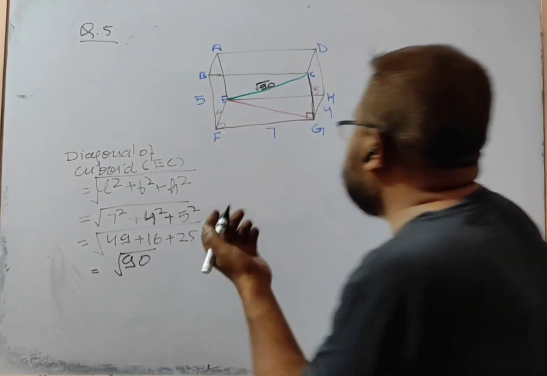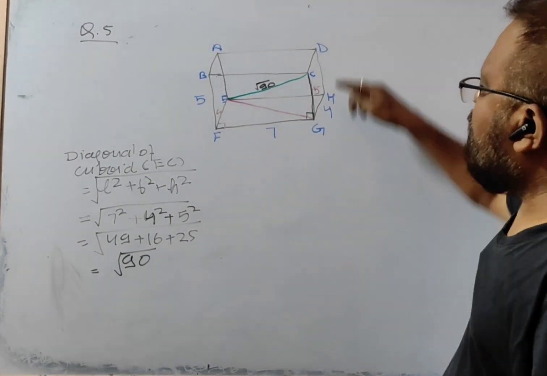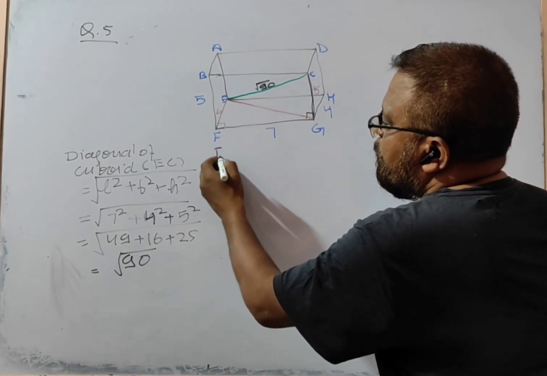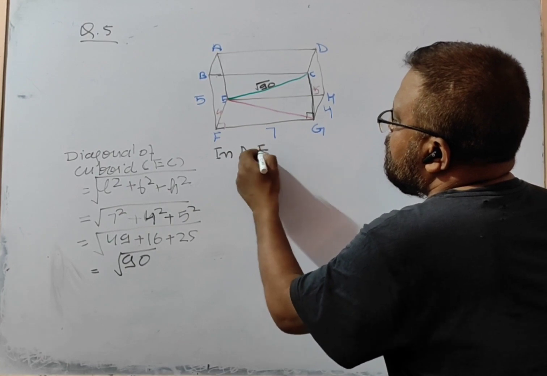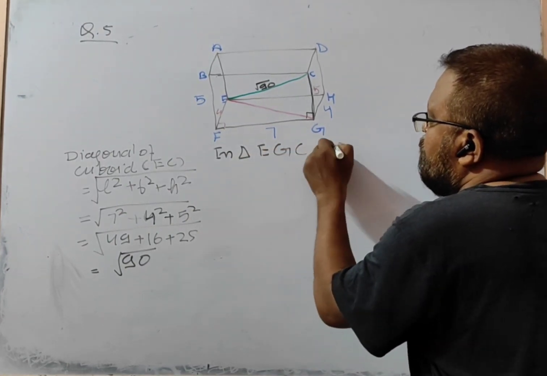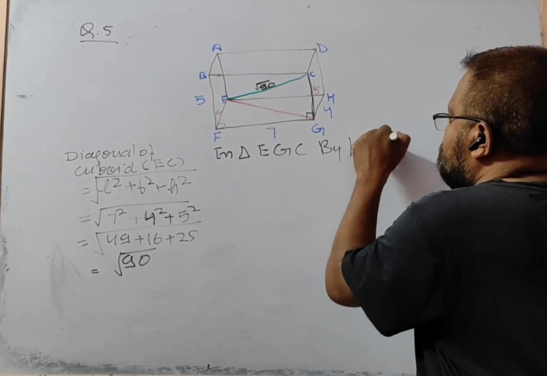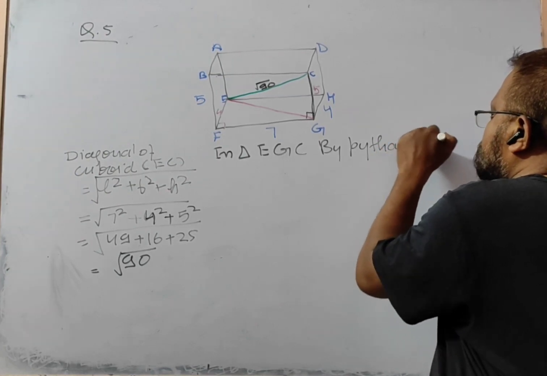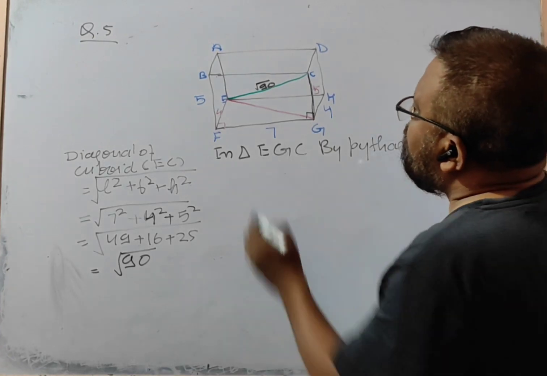This is EC, root 90, and this is GC. So in triangle EGC, by Pythagoras theorem, this is the hypotenuse.